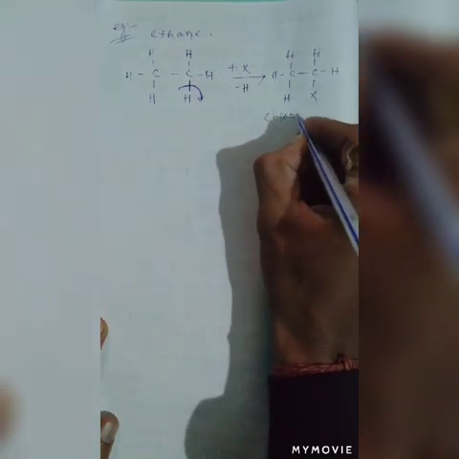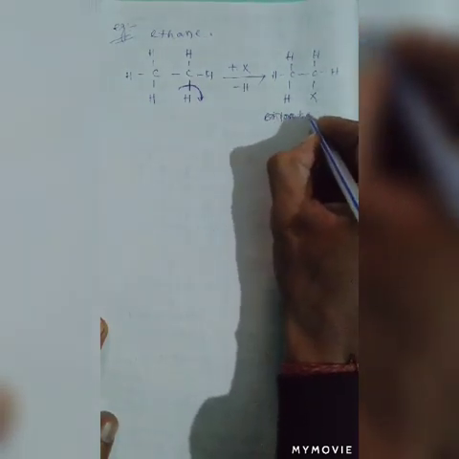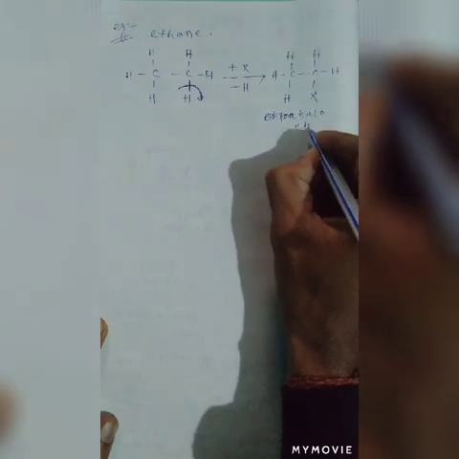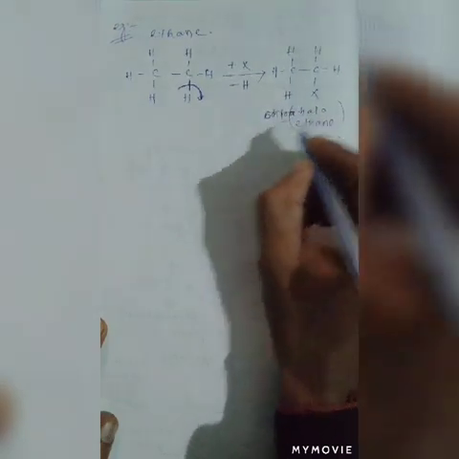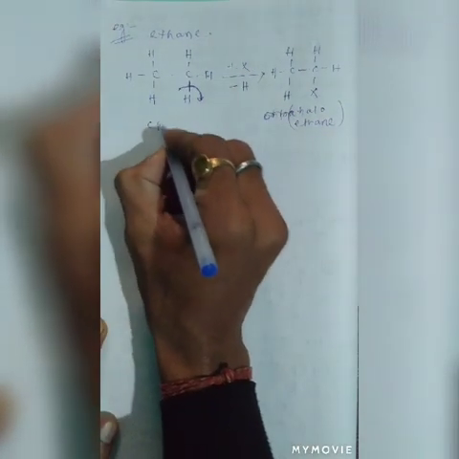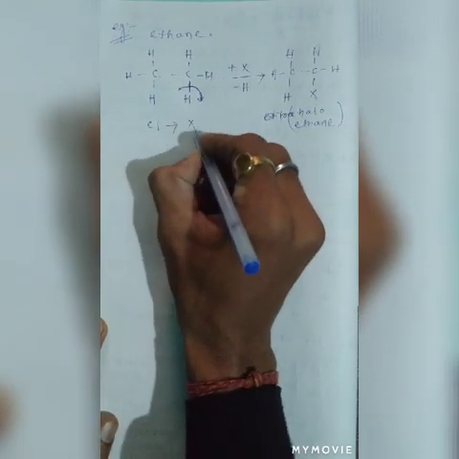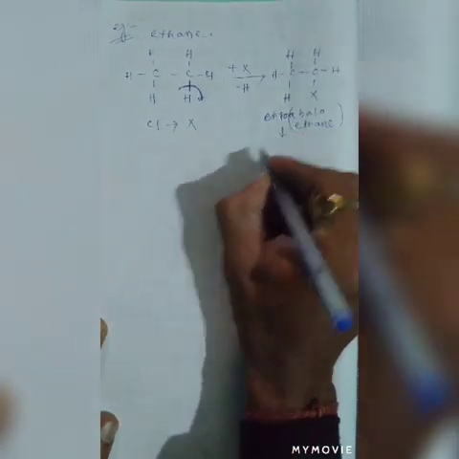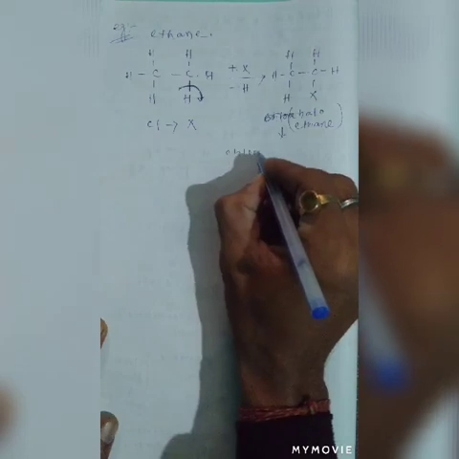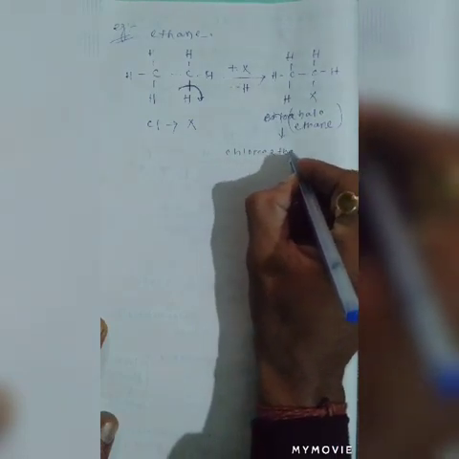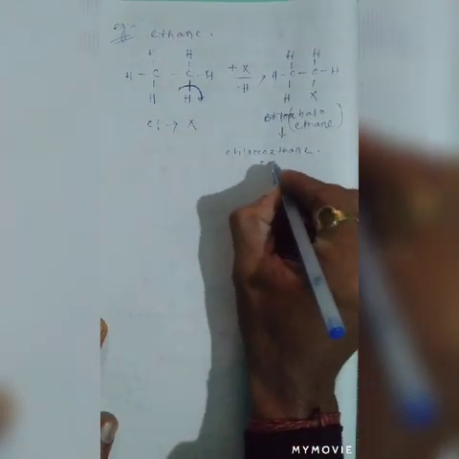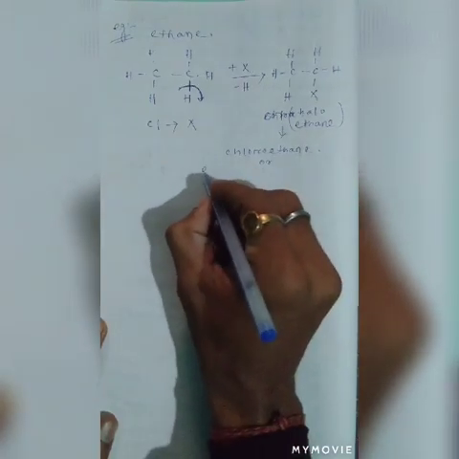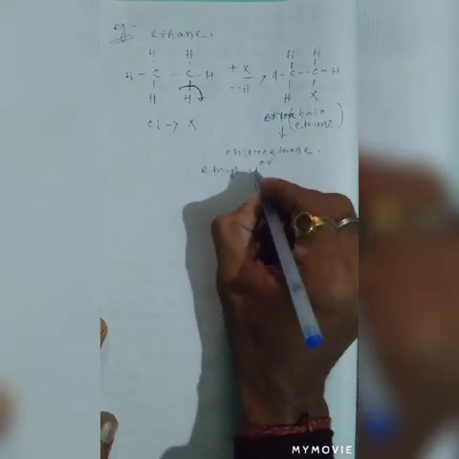If we take a chlorine group in the place of the halogen atom, then it becomes chloroethane, or it is commonly known as ethyl chloride.